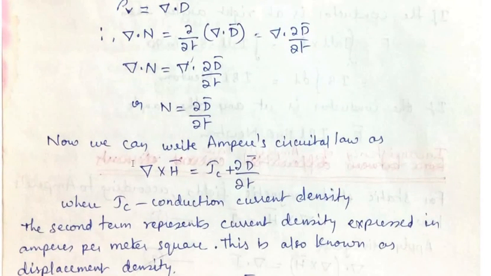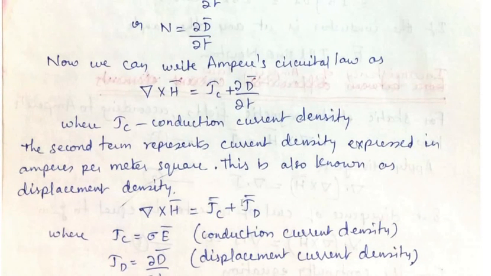Now we can write the modified Ampere's circuital law as del cross H is equal to JC plus dou D by dou T, because in here we got the value of N as dou D by dou T. Now here, this first term is the conduction current density, and the second term is the current density expressed in amperes per meter square, which is also known as the displacement current density.